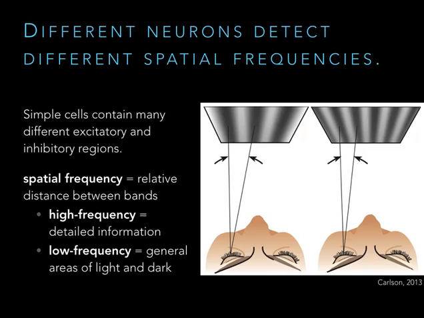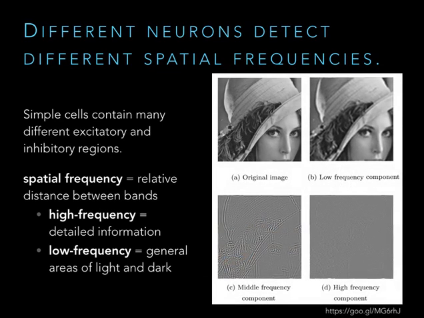Some neurons respond to very wide, low-frequency information. Others respond to very high-frequency, detailed information. To give you an idea of what we're talking about, here's an image broken down into low, medium, and high-frequency components. You'll see the original image in the upper left, the low-frequency component, so where the different bands of light are separated by greater distances.